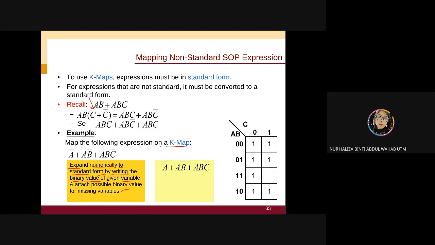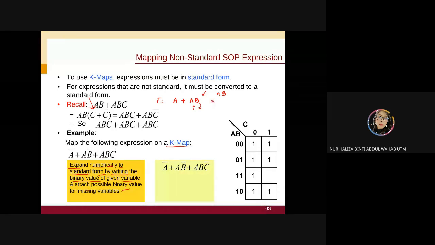So from this part, let's say I give you first A plus AB. Our standard will be having A and B, but you can see here this is not standard. If I convert to binary, just now you learned to map to the KMAPs, you're going to convert to binary, right?